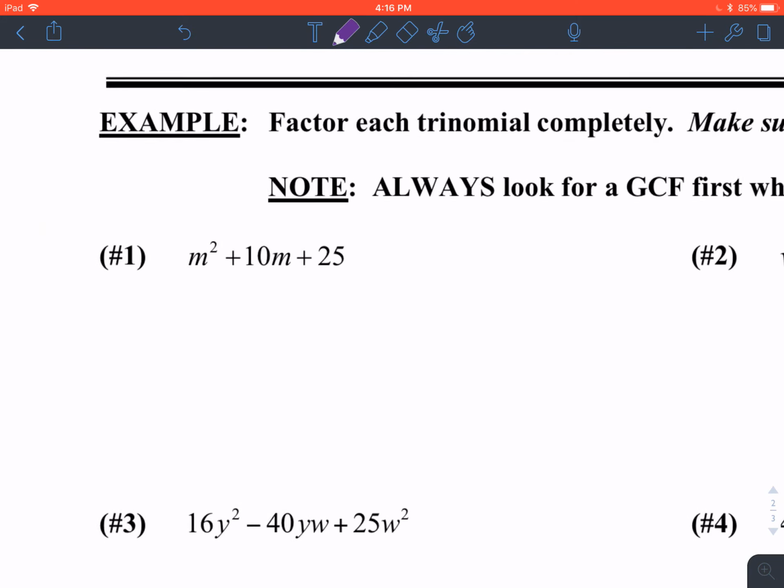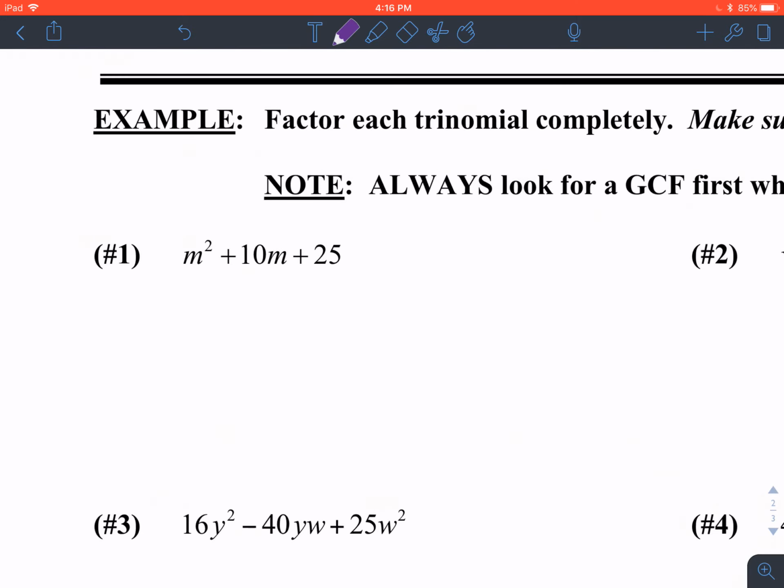So, let's see if this is a perfect square trinomial first, and also look for a GCF. Is there a GCF that goes into m squared, 10m, and 25? There's not a number or an exponent they all share in common, so we're good with that. All right. Do we have perfect squares in the first and last term? Are these both perfect squares? Okay. So, what's the square root of m squared? It is m.